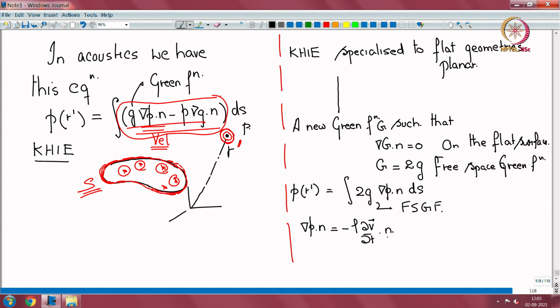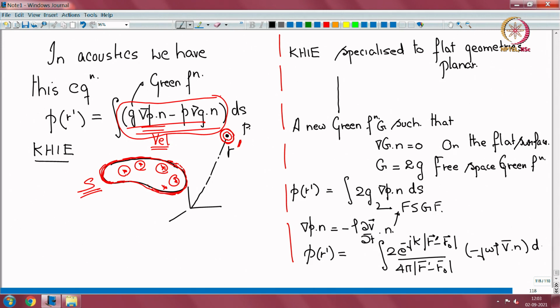So if I include it in here, I get P of R dash is equal to integral twice e to the power of minus jk R bar dash minus R0 divided by 4 pi R bar dash minus R0, into minus j omega rho V dot n ds.